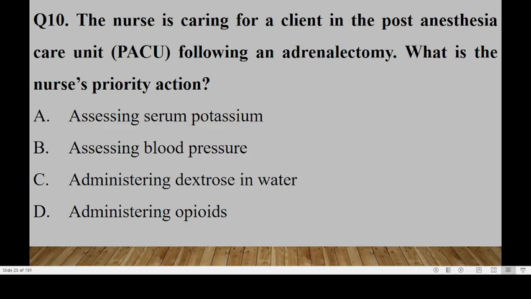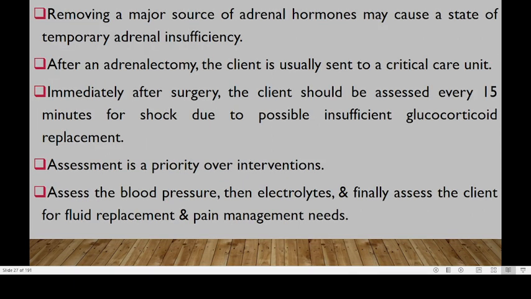The nurse is caring for a client in the post-anesthesia care unit following adrenalectomy. What is the nurse's priority action? You need to assess the blood pressure. As you know, removing a major source of adrenal hormones may cause a state of temporary adrenal insufficiency.